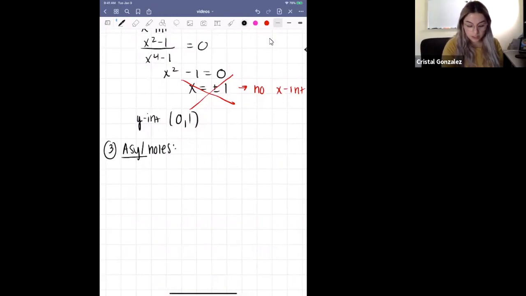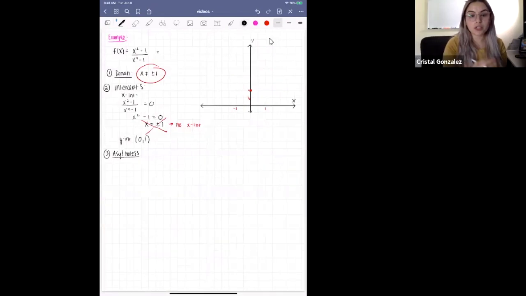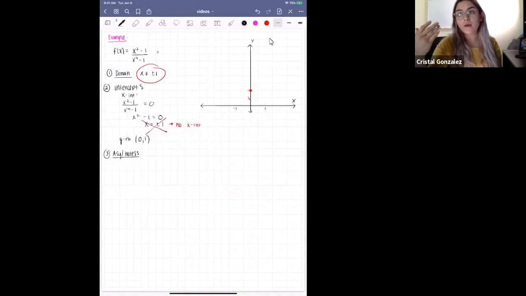And I'm just outlining this for you. You don't have to do it like this each exact time. If you know how to kind of navigate through these different functions, and don't really bother too much with this part. So for our asymptotes and our holes, two ways we can do this. We can use our limit notation, of course, but you have so many tools. So I want you to use whatever is easiest, right?